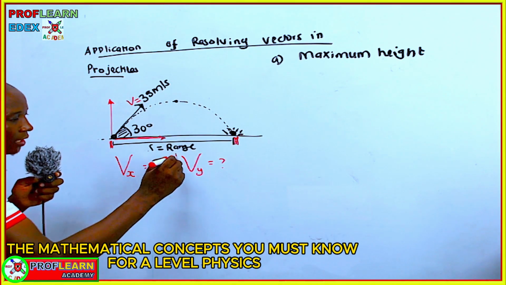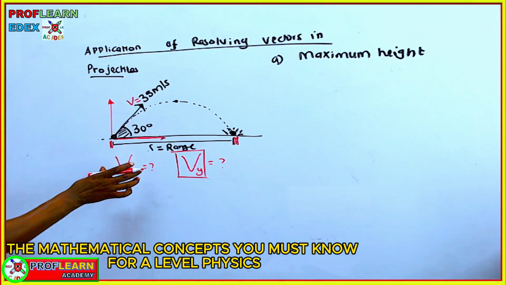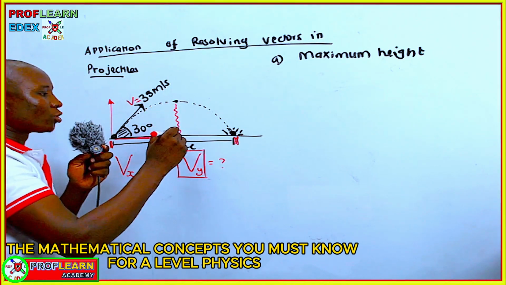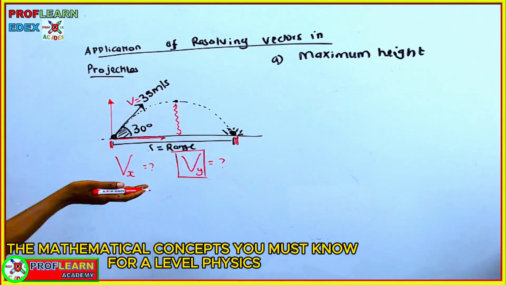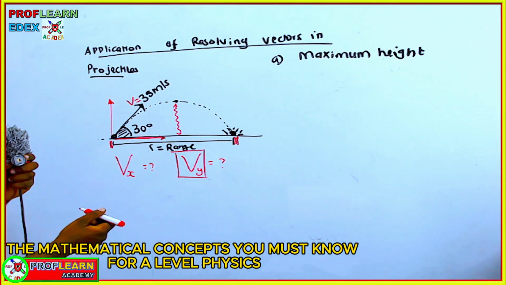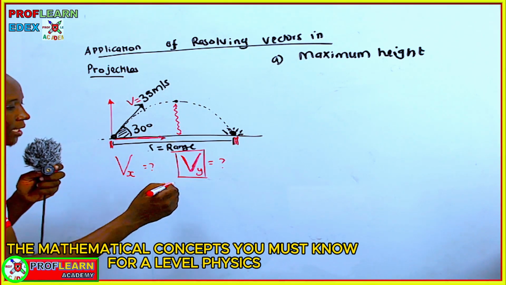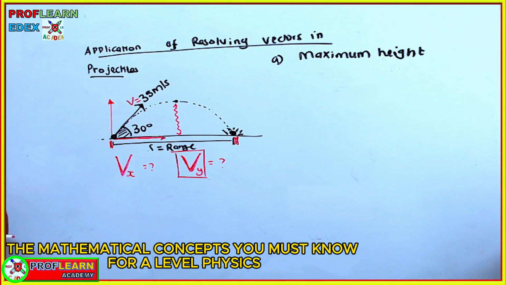And this v in the y direction is going to enable us to work out how high this object is going to move to reach the maximum height. That is going to be determined by v in the y direction, but horizontally it is v in the x direction.